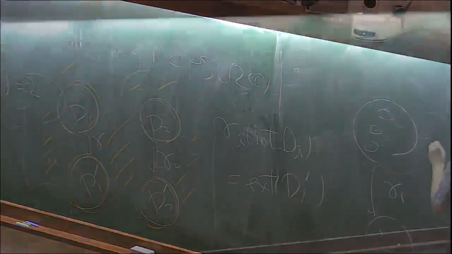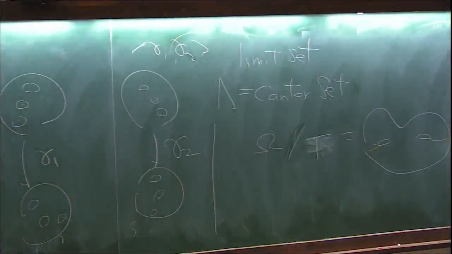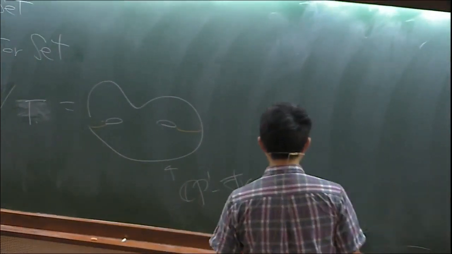So the boundary circles appear somewhere around here. In this example, this is a CP1 structure on the genus 2 surface.